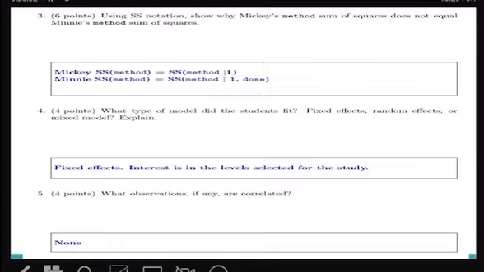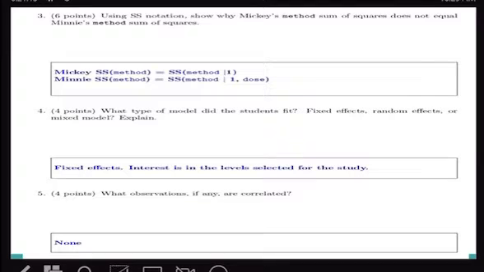Take a look at Mickey's SS(method given 1): given 1 means it's just the intercept that is being adjusted for. Of course, everybody will adjust for the intercept, which is normal in every model. Every statistical model has an intercept. So take a look at that. I think in class I was using A, B.